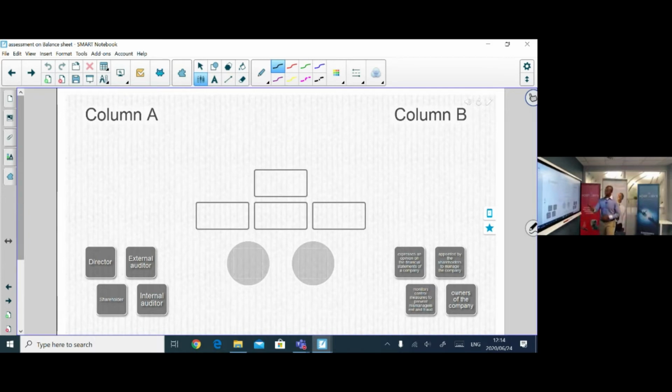Director, how do you match up? It's a question taken from the question paper of 2016. So what is a director? Is it one who expresses an opinion on financial statements, or the one appointed by the shareholders?